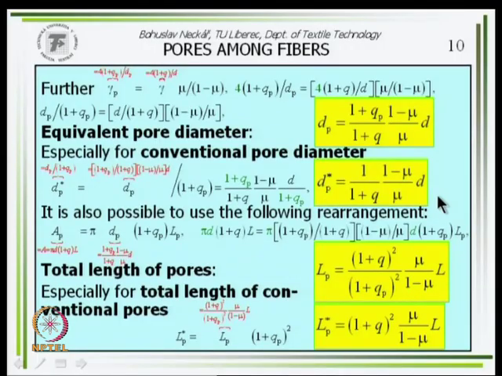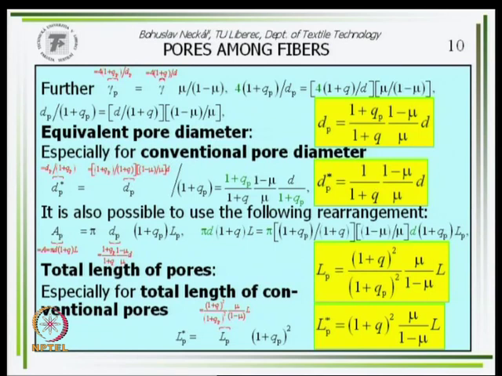If QP is equal to 0, I obtain this equation, isn't it? And it gives me no problem to calculate such a diameter. Such a diameter I call the conventional pore diameter.